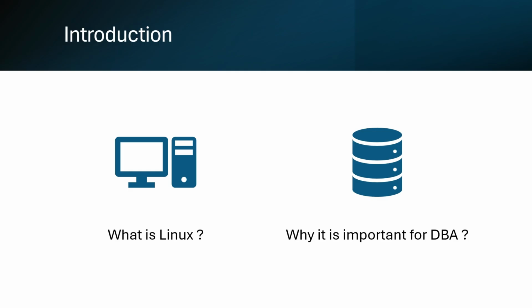Also in a Linux machine, the CPU, memory, IO, all of those resources are fine-grained for resource management, which in turn helps to optimize the database performance. As a DBA, you need to know how to monitor the processors, CPU, memory, IO, all these stuffs.